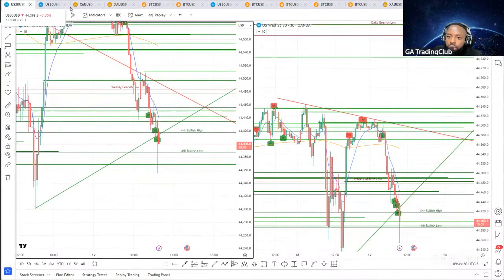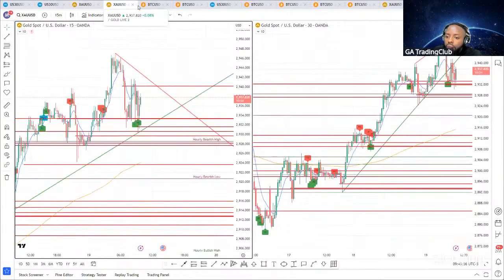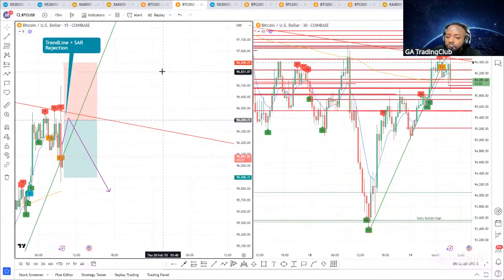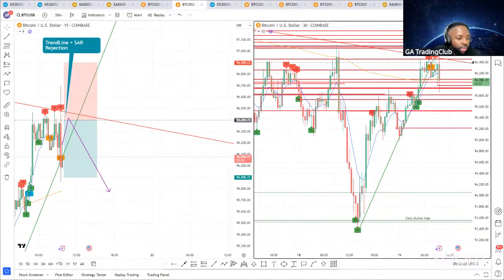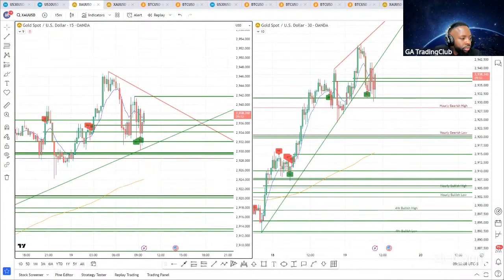All right, so other than this BTC one, I really don't see anything else here, even on the higher time frame. All right, so what we'll do then, we can move back to the other chart right here.